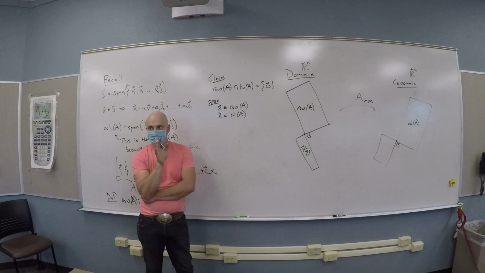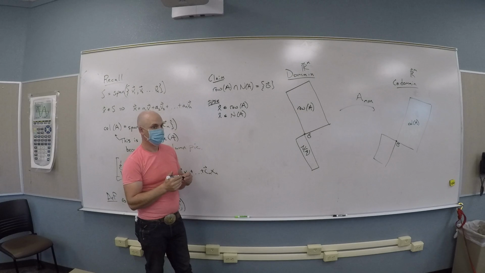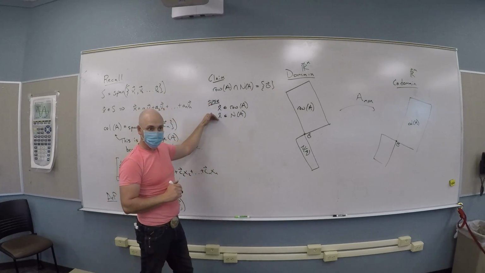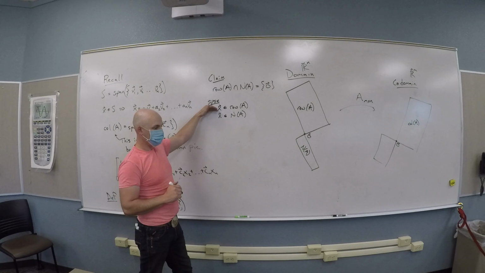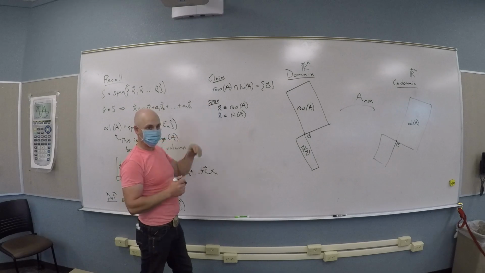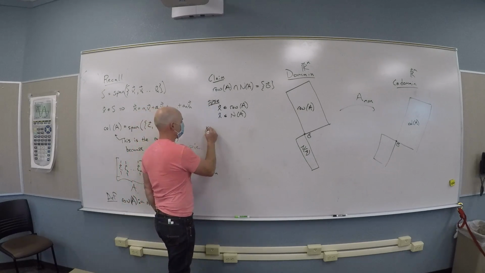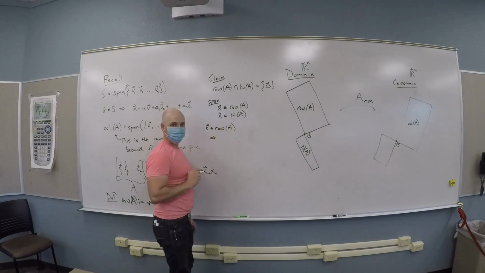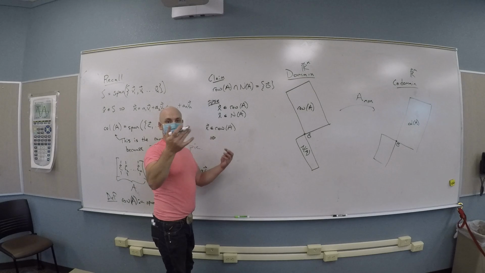Have I lost you guys with symbols here? Okay, so suppose I've got an x in both places. If x is in the row space, what does that mean? It has to be a linear combination of the rows. Perfect.